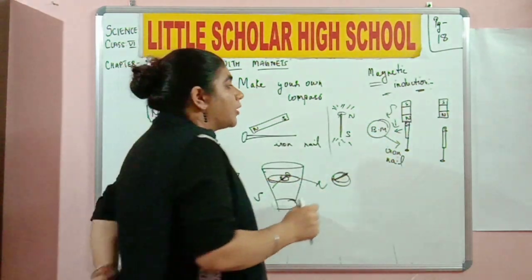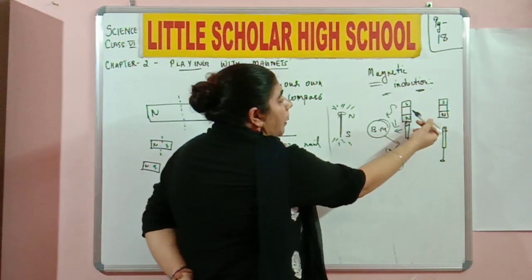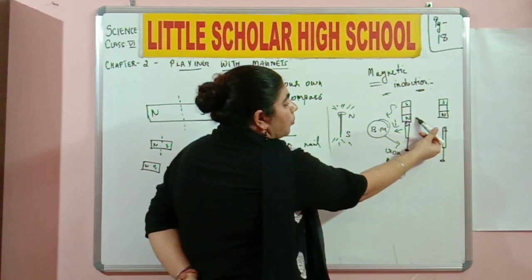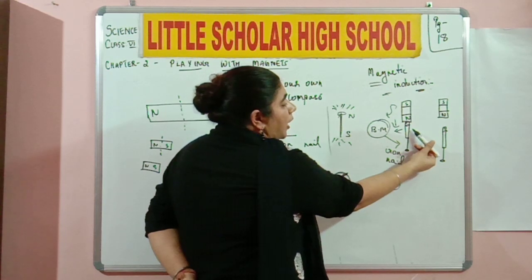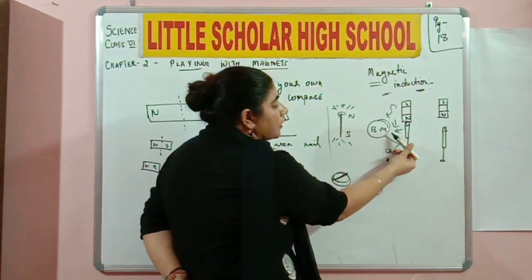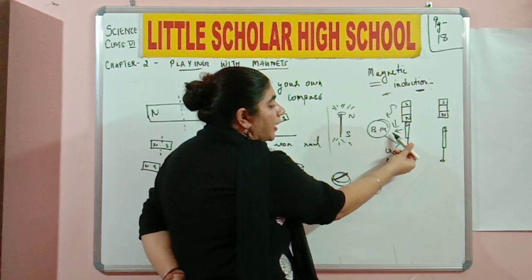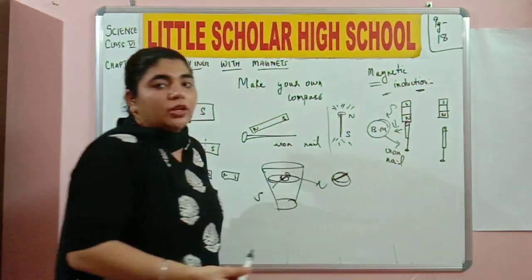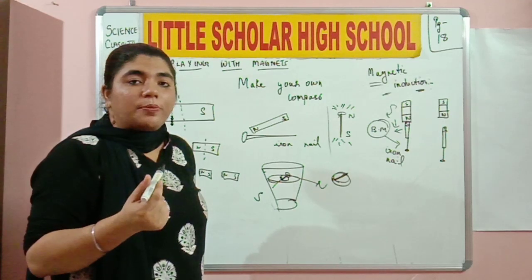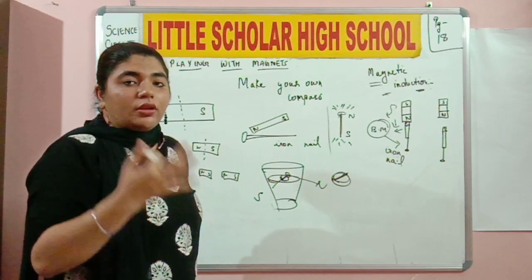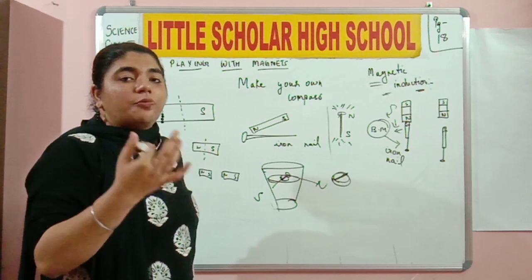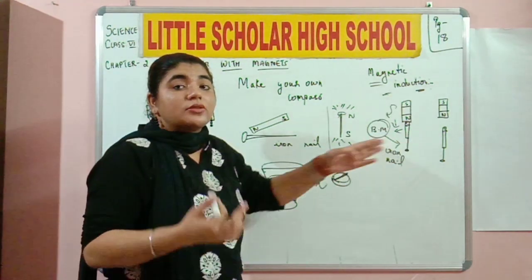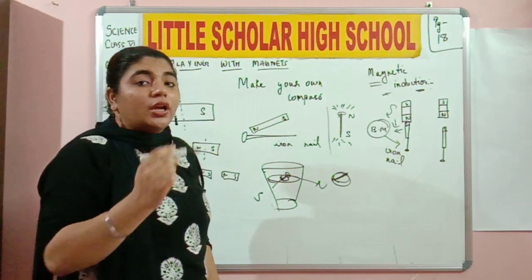Why is this happening? Because the original bar magnet transferred its magnetic properties to the safety pin, and the safety pin started behaving like a bar magnet again, and the iron nail was able to get attracted to the safety pin. This transferring of properties from the bar magnet to the magnetic substances is called magnetic induction.